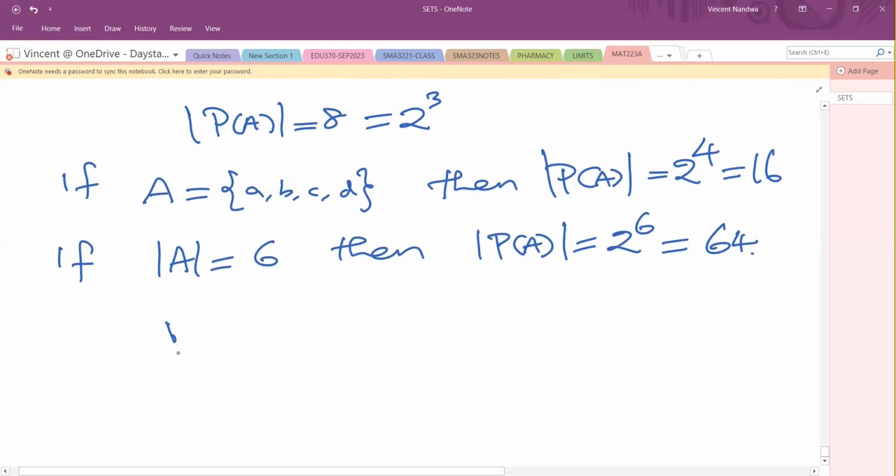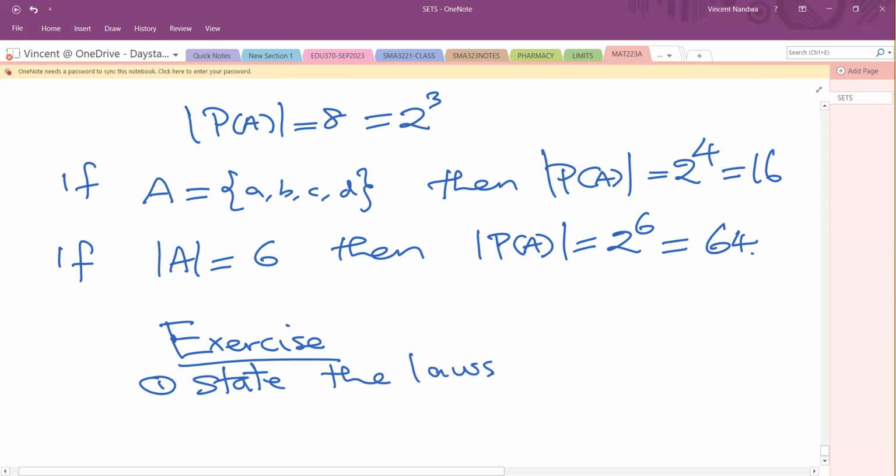So an exercise. One, state the laws of set theory.